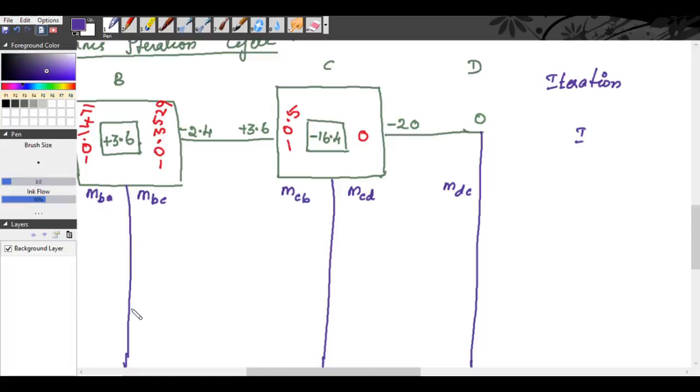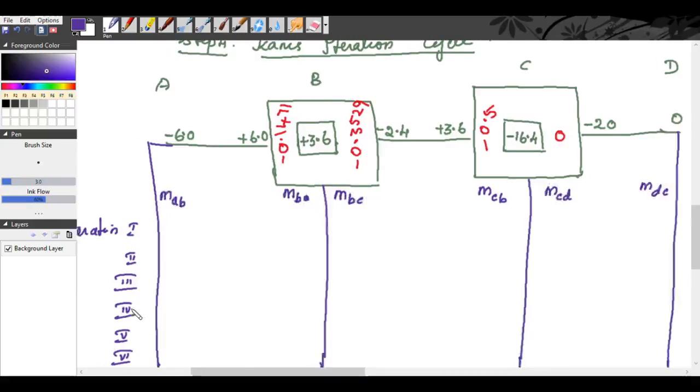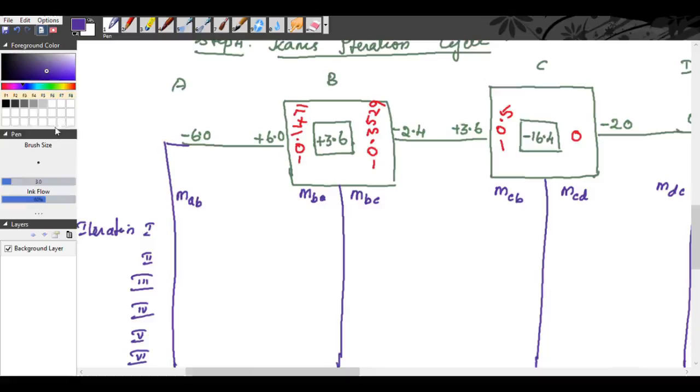Now, this small m AB will be equal to 0 because this A is a fixed end, right? A is a fixed end, so there will not be any rotational contribution from a fixed end. So small m AB will be equal to 0.